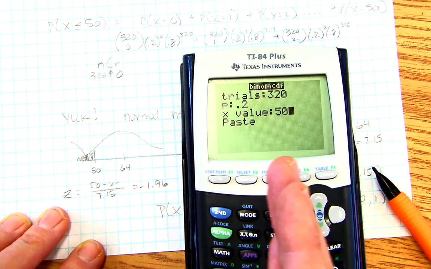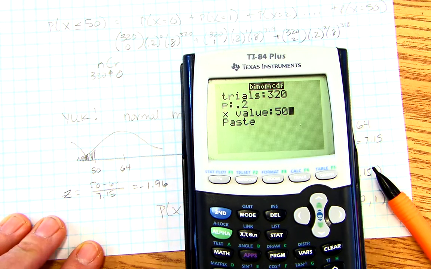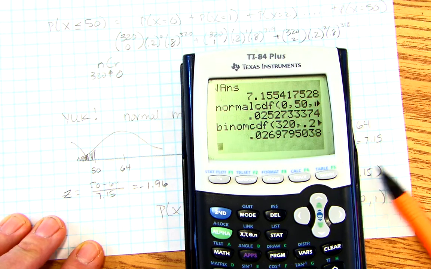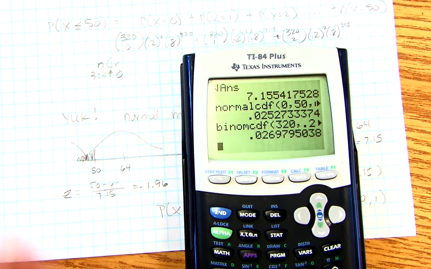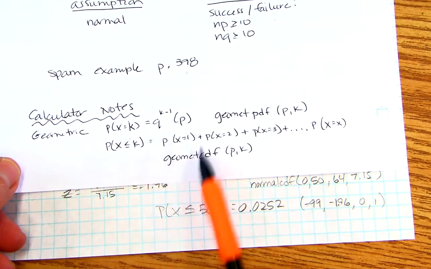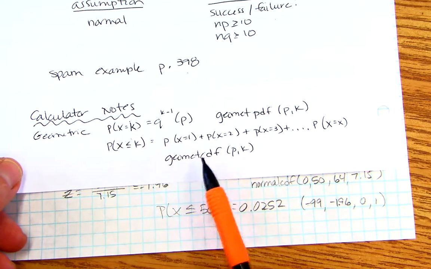And since this is CDF, it's cumulative, so it's up to 50. If I paste that, I get a slightly different result, but pretty similar, 0.027. You can play around with those. The calculator notes just give you for geometric models, but you can apply those to binomial models as well.